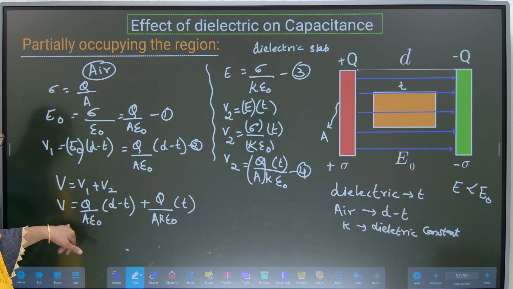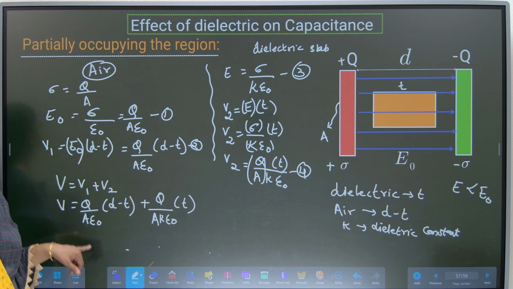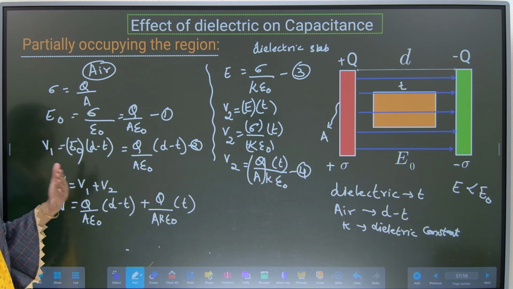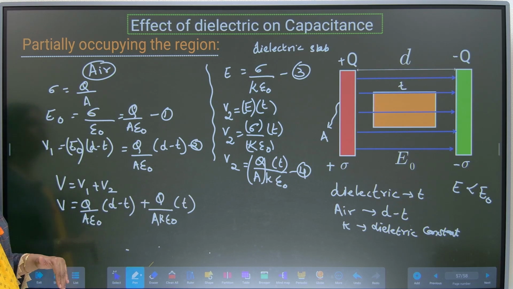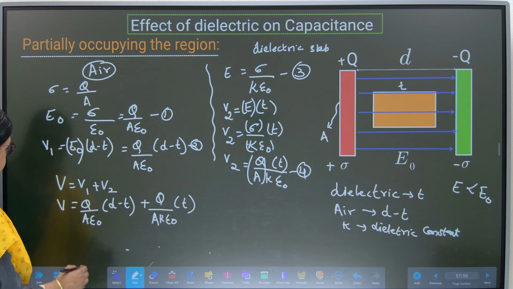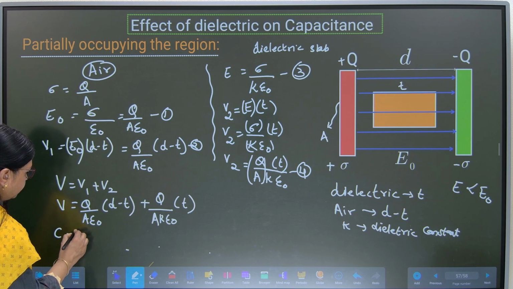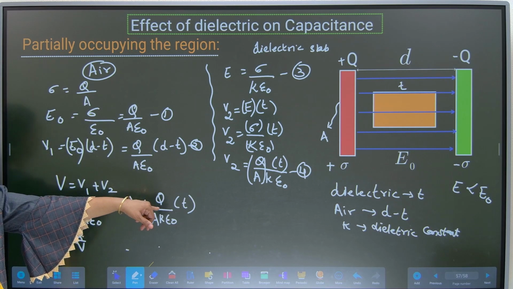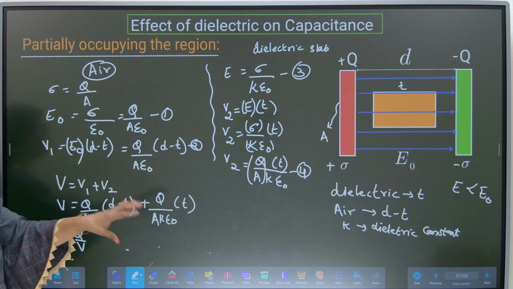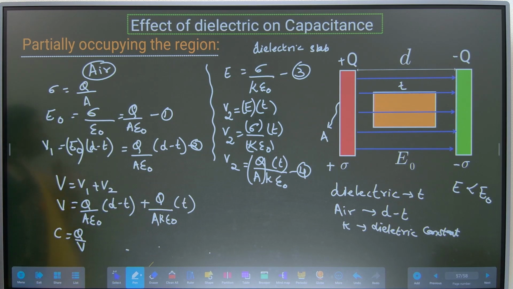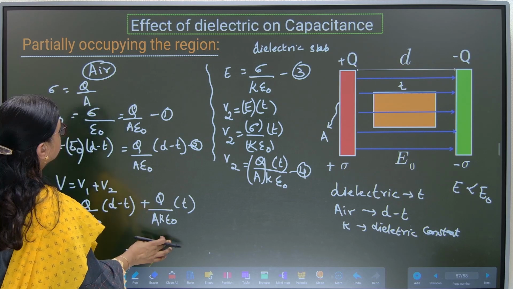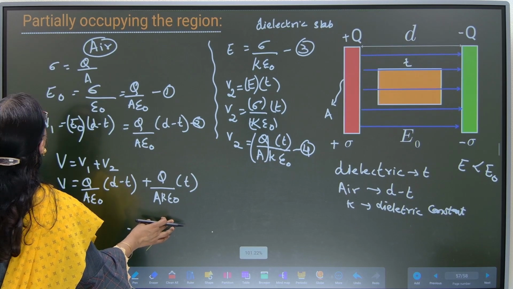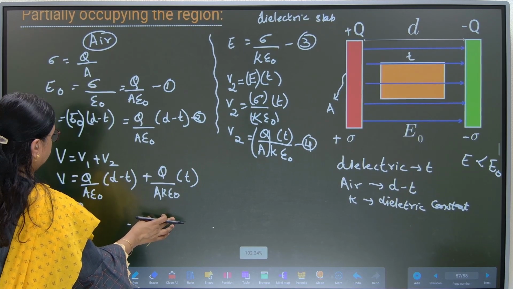So we are ready with the potential. Now, according to the definition of capacitance, C is equal to Q upon V. V we have found out, so we just have to substitute it. I will lift the portion up.